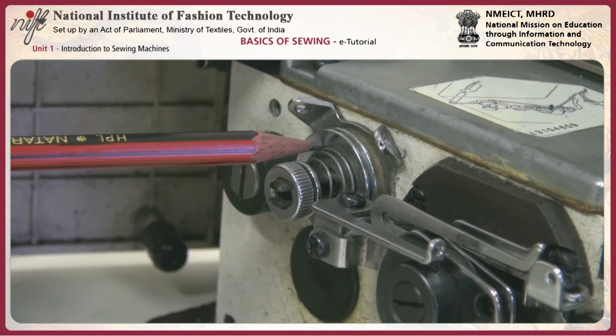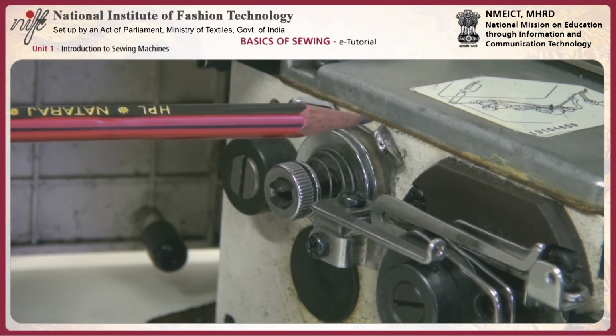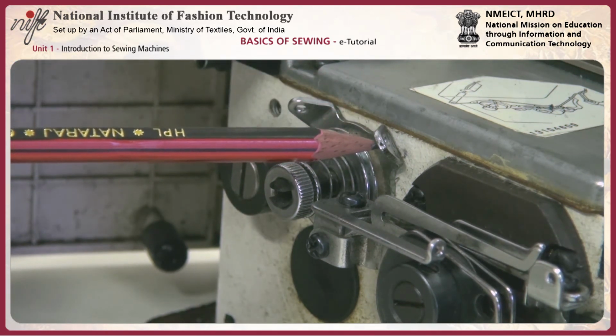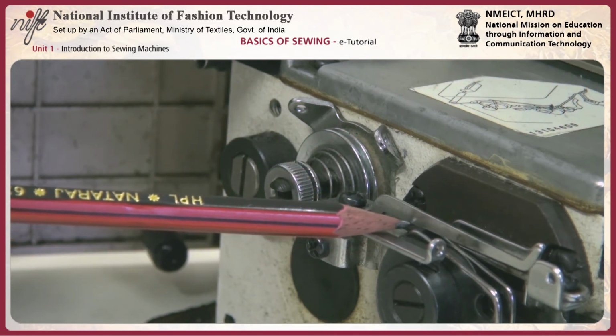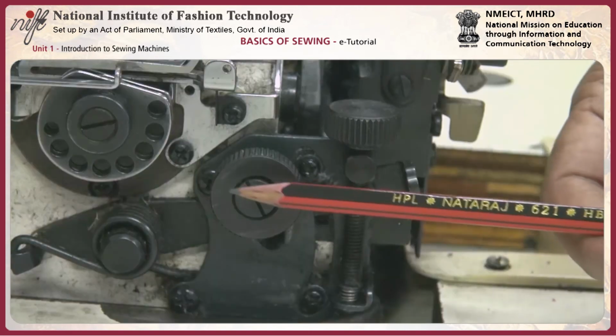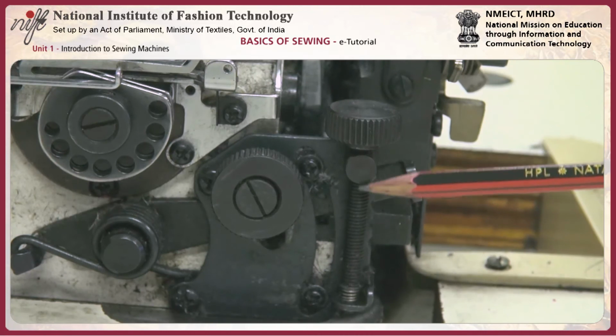lower thread tension assembly, thread guide, thread guide for lower thread. This is the lower thread take-up lever. This entire set is a differential feed assembly.